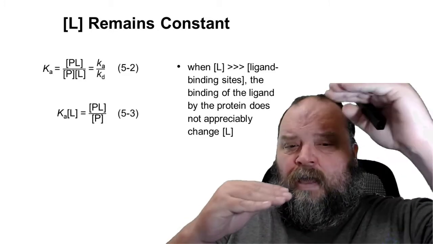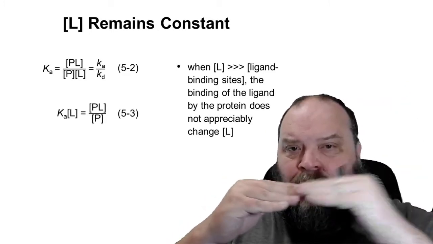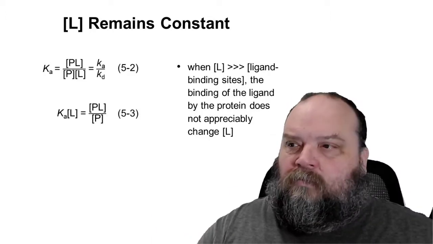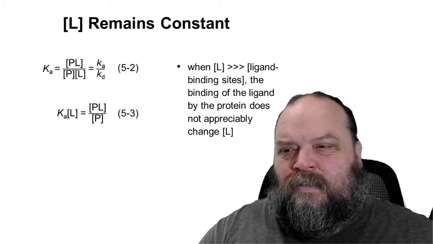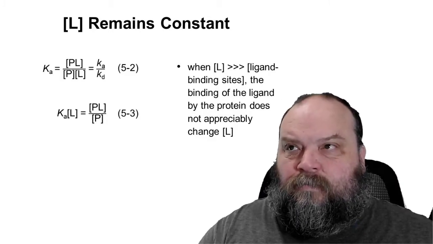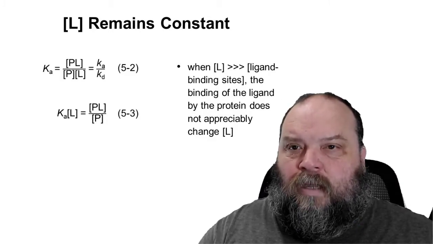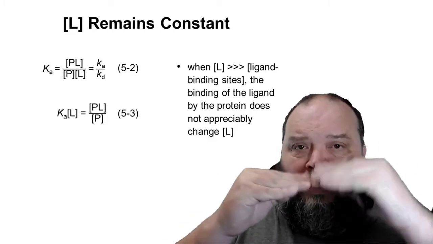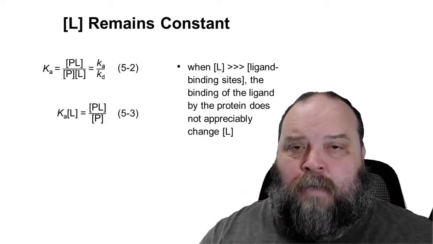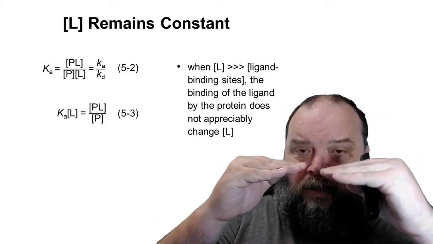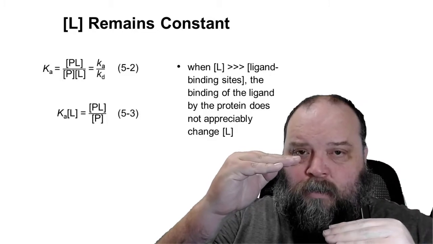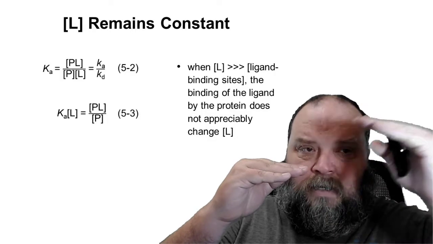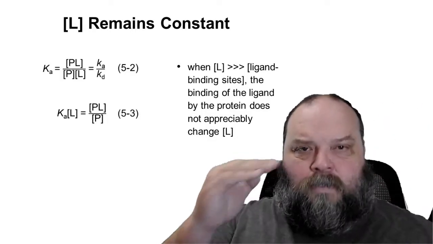If L is so high that there's always an L interacting with the protein, the affinity is swamped. Even if it's a low affinity, there's always going to be some L interacting with the binding site of P. But when L is either equal or lower, now it starts to make a difference. A little bit of L comes and it just goes away. A little bit of L comes and just goes away.